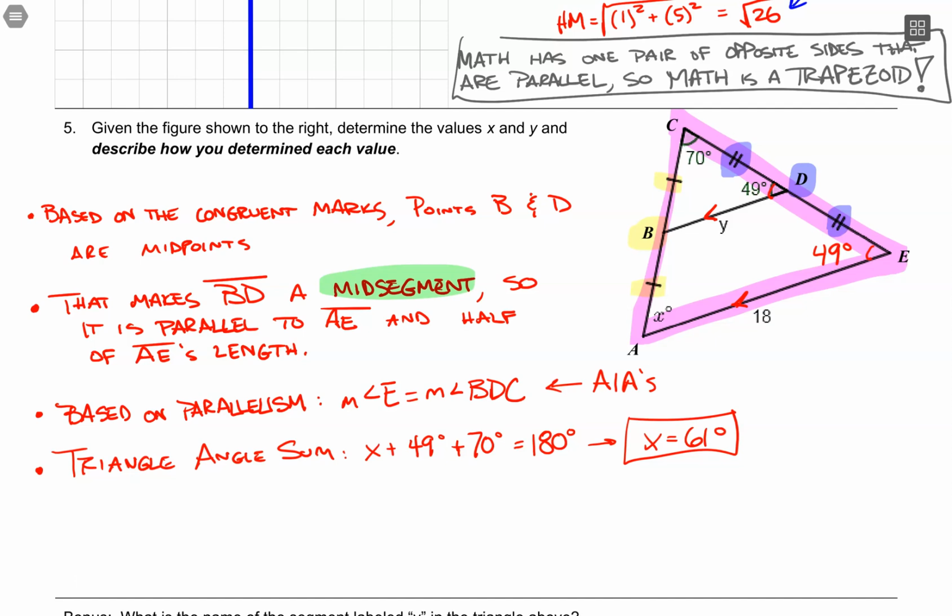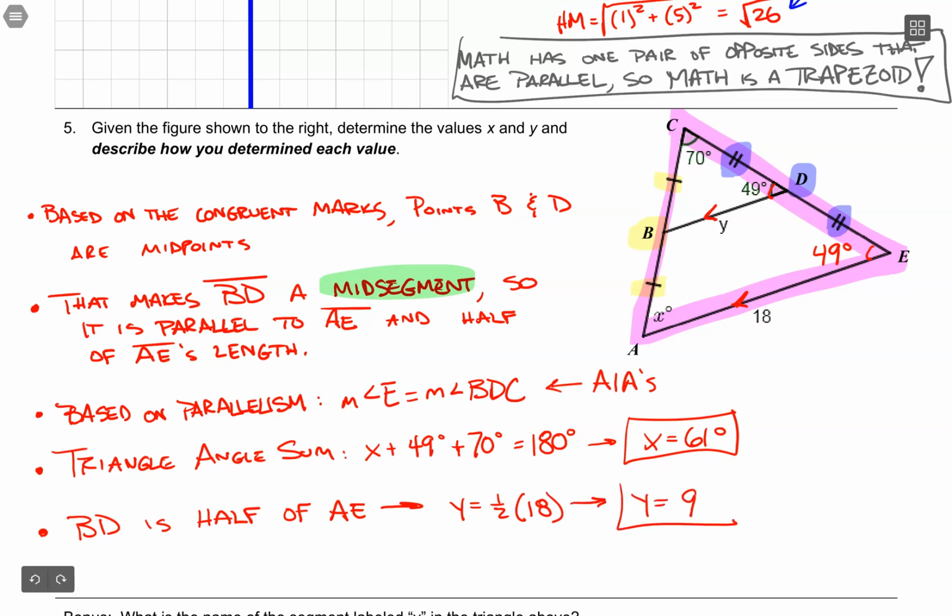Last but not least, let's talk about y. Since we know that segment BD is half of segment AE's length, we can write this equation. y equals 1/2 of 18. That tells us that y equals 9.